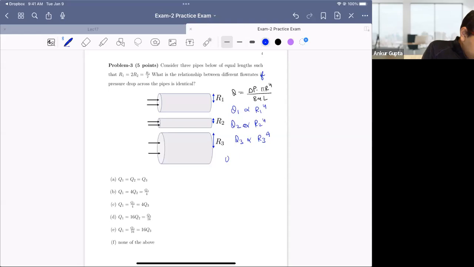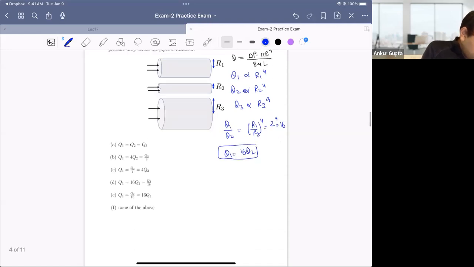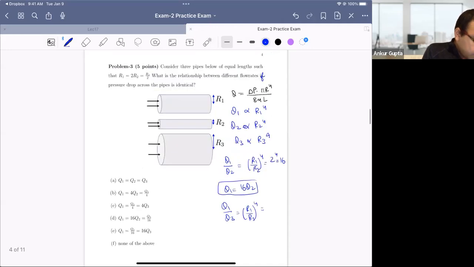So Q1 by Q2 is equal to R1 by R2 to the 4th. And R1 by R2 is equal to 2. So this becomes 16. So Q1 is equal to 16 Q2. Similarly, we know Q1 by Q3 is R1 by R3 to the power of 4.